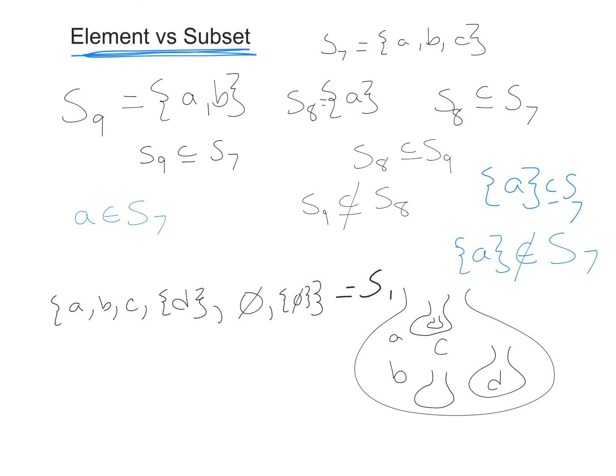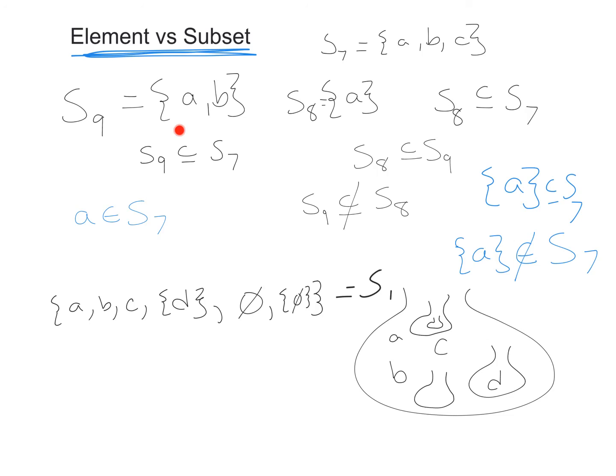Let's take a look at this set 1 again that we had from before, and talk about some other elements that are in here. When I look, I see A in there, so A is an element of S1. B is in there, so B is an element of S1. I see a bag with nothing in it, so that means the empty set is an element of S1.